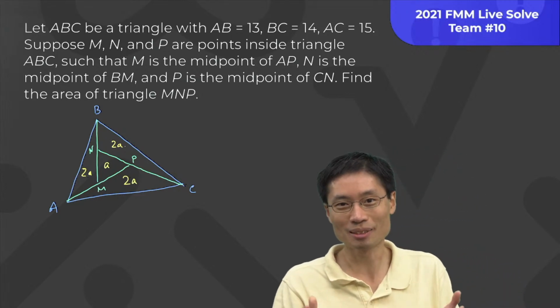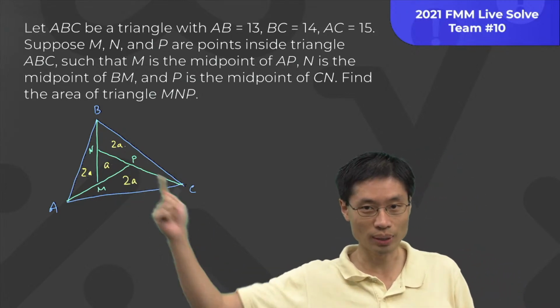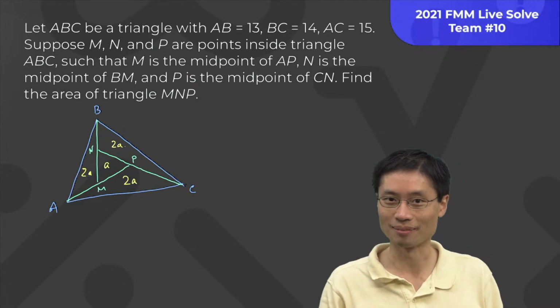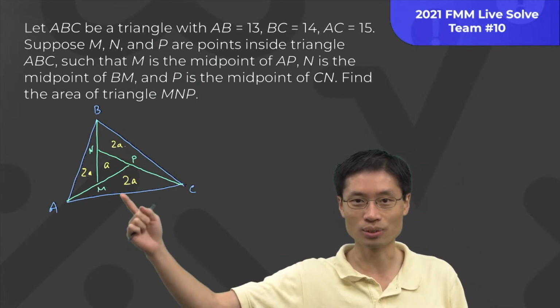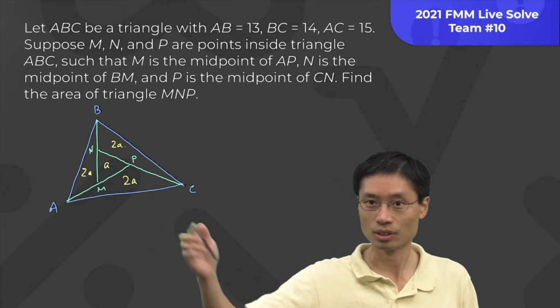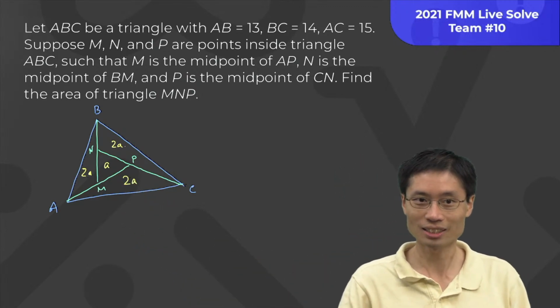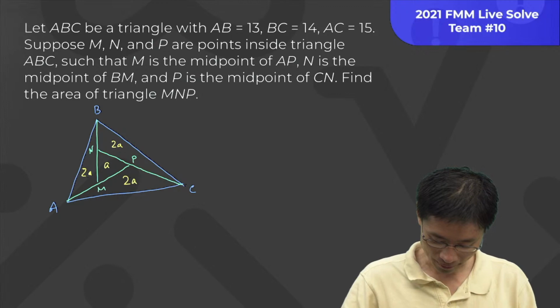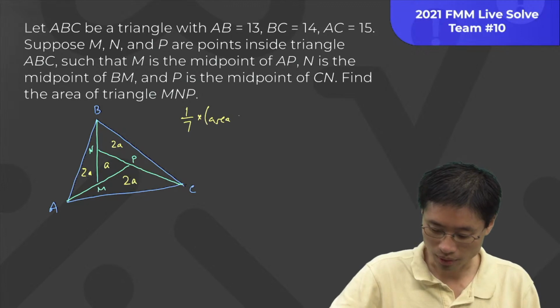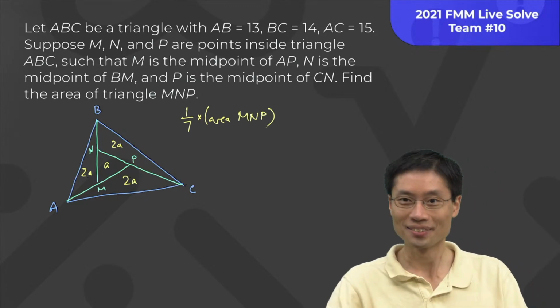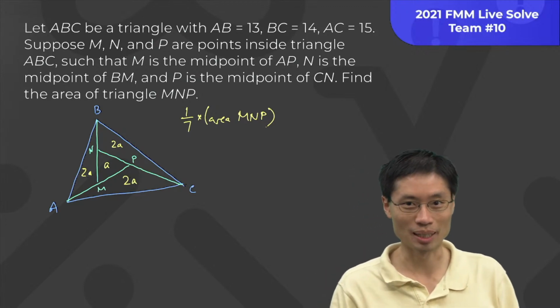Aha. So what this means is that the area of this triangle in question is some fraction of the whole area. What's the fraction? Well, let's see. I've got 2, 2, 2, and a 1, which is 7. So it's 1/7. So the answer is 1/7 times the area of triangle ABC. Okay, now we just have to find the area of triangle ABC.